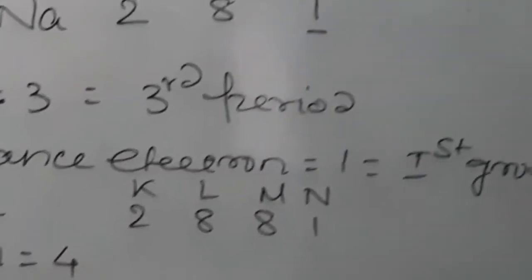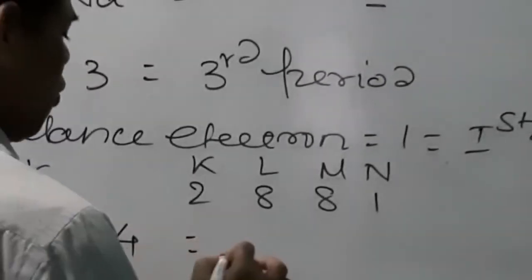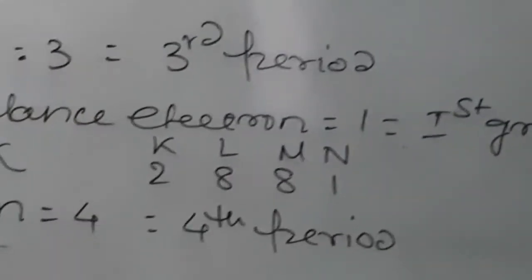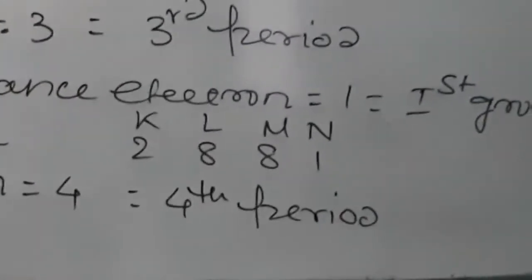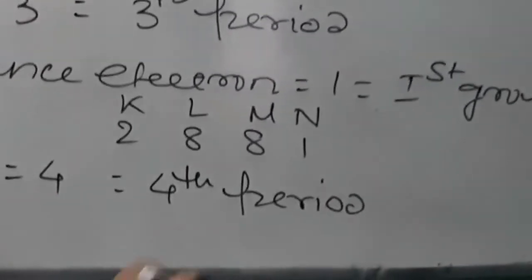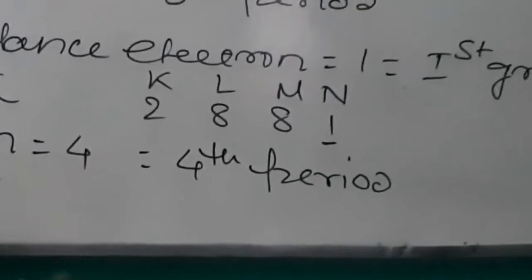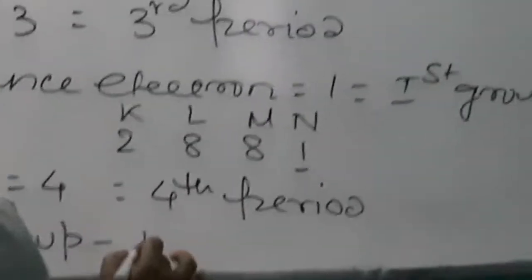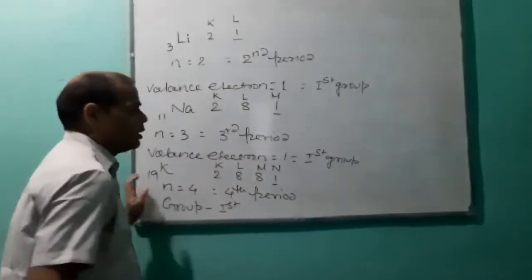So it belongs to the fourth period. Potassium is present in the fourth period. Now valence electron is 1, so group 1, or first group.